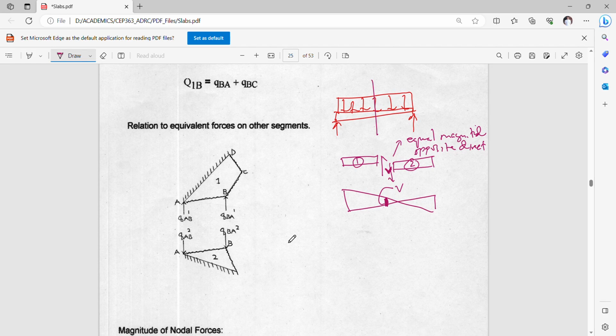So your QAB contributed by element 1 must be equal to QAB contributed by element 2, of course in cases where the loads are uniformly distributed. For special cases wherein there are concentrated loads exactly at the nodes, then of course we need to add the effect of that additional nodal force to compute the shear.